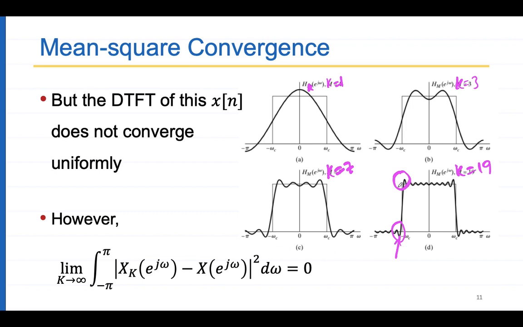Basically the energy in these erroneous regions goes to 0. So let us say the error occurs only in a very small domain and everywhere else it converges, right? So this gap becomes smaller and smaller, so much so that the energy in it becomes 0. Even if the magnitude is non-zero, the energy in it will be 0. So this is the mean square convergence.